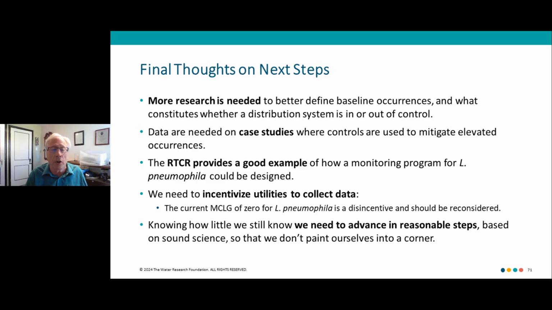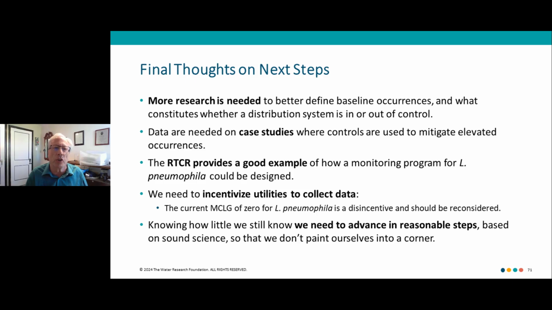We also need data on case studies of when things go wrong, when a storage tank goes bad, when there's a water main break. Can Legionella intrude into the system under those conditions? The revised total coliform rule is a good example of how we can develop a monitoring program for Legionella pneumophila, but we need to incentivize utilities to collect the data.